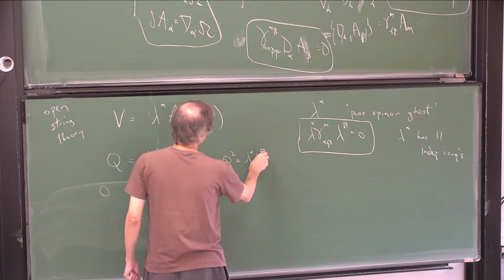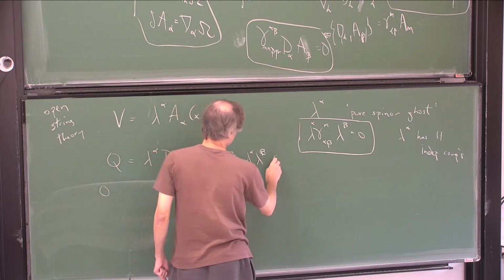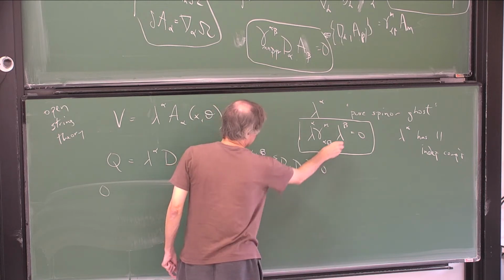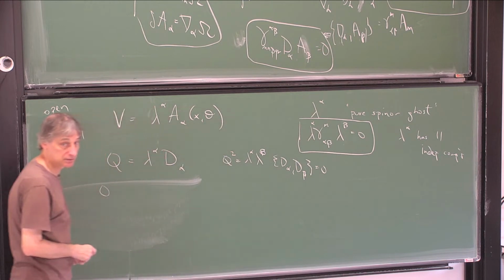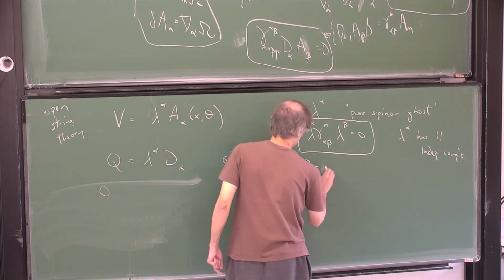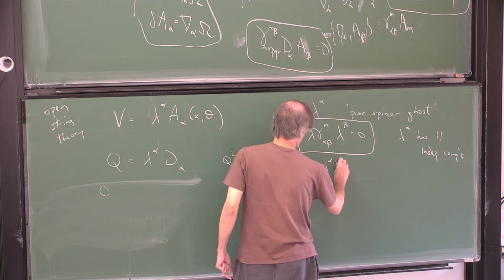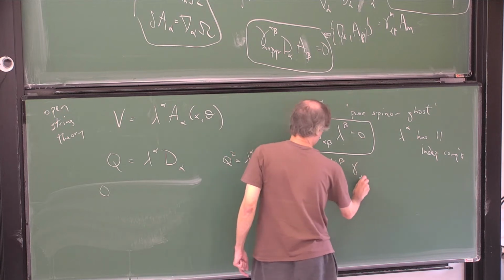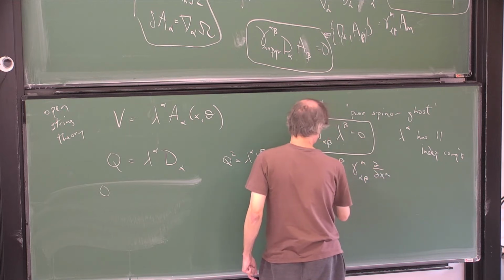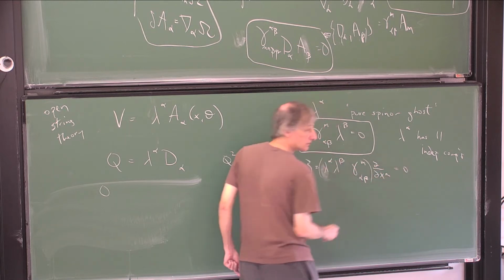Now you have the anti-commutator of d alpha with d beta, but that's 0 because of this identity. Right, because this is equal to lambda alpha lambda beta gamma alpha beta m dxm. But we decided this is 0, so this is equal to 0.